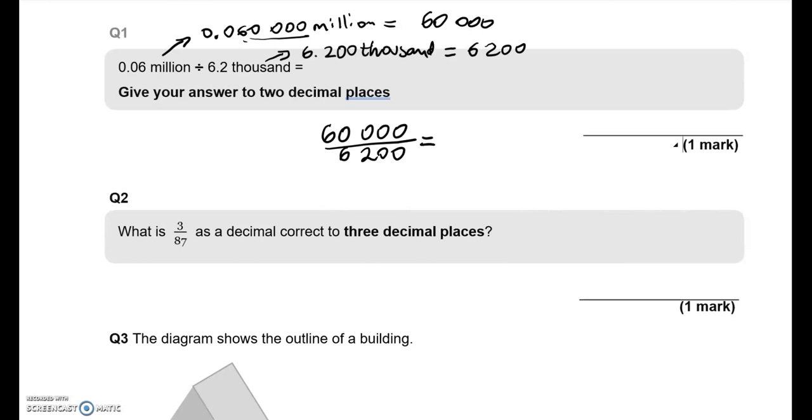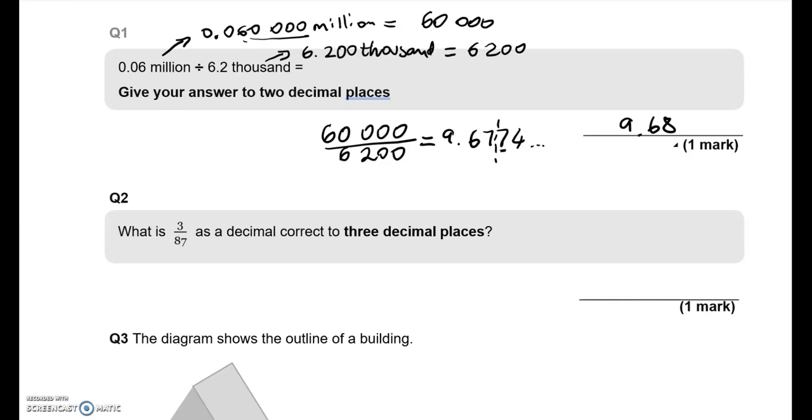Using a calculator, this gives us 9.6774 and so on. So rounding this to 2 decimal places means we've got to have only 2 digits after the decimal point. So this becomes now 9.68, because this is higher than 5.